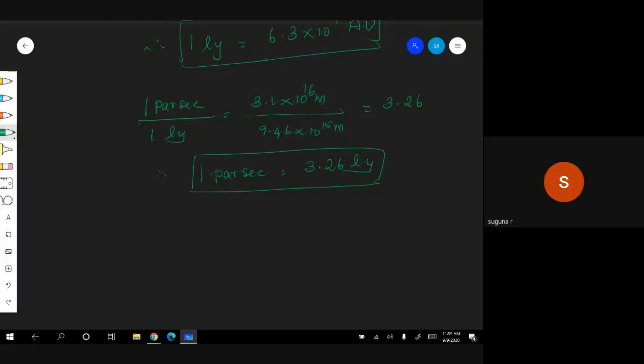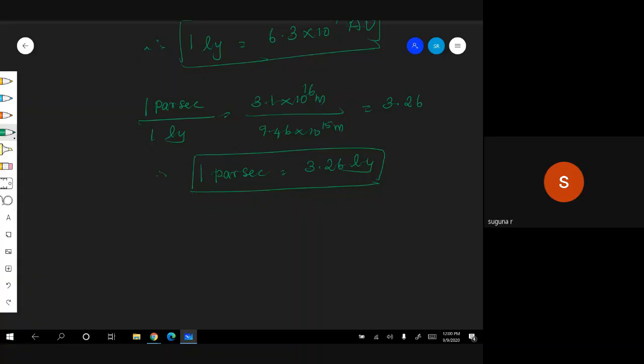Okay. What are all the other units? Other units means very, very small units of length, practical units for measuring small distances. We have seen very long distances: number 1 is astronomical unit, number 2 light year, number 3 parsec.